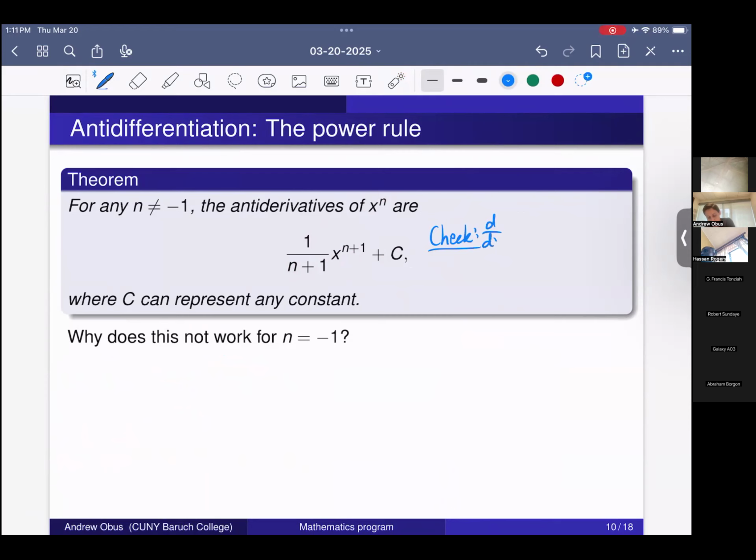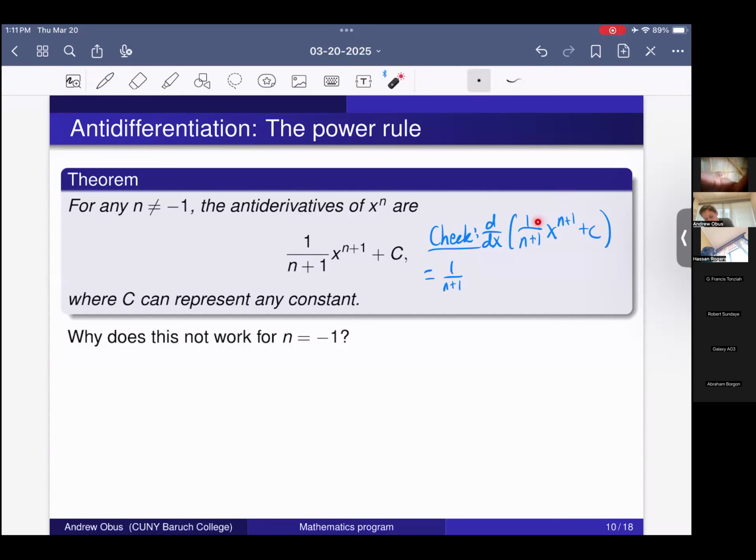The way I check an anti-differentiation rule is I should take the derivative of this and I should get x to the n. So let's check. If I take the derivative of 1 over n plus 1 times x to the n plus 1 plus c, I'm going to have 1 over n plus 1. That's just along for the ride.